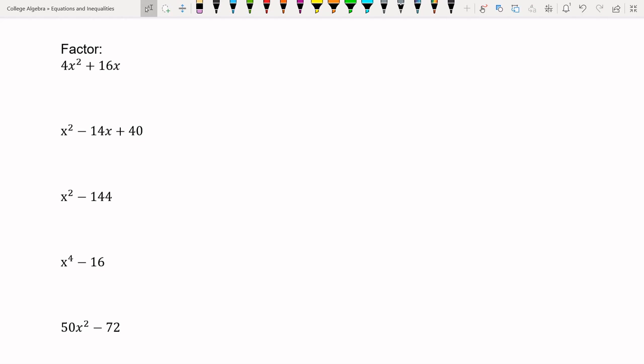There's a few steps. The first thing you should always ask is, is there a greatest common factor I can take out? Because that's going to make my problem a little bit easier to solve. So in this instance, 4x squared plus 16, I can take out a 4x. That leaves me with x plus 4.